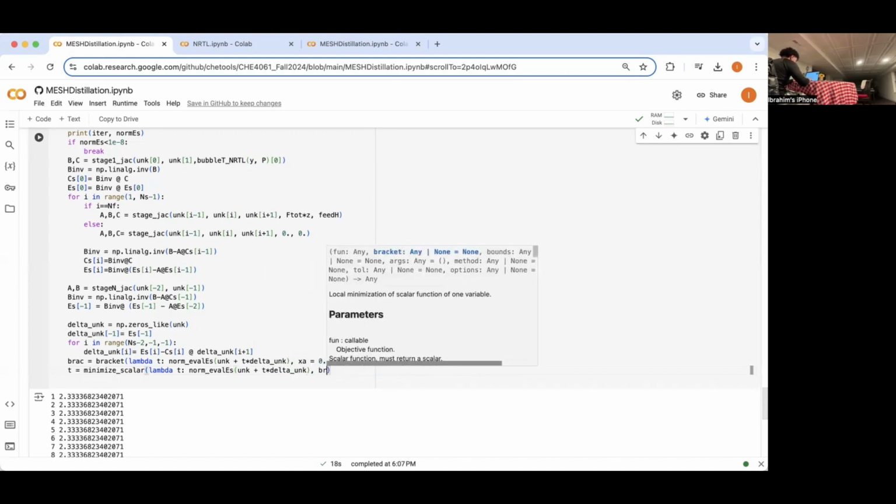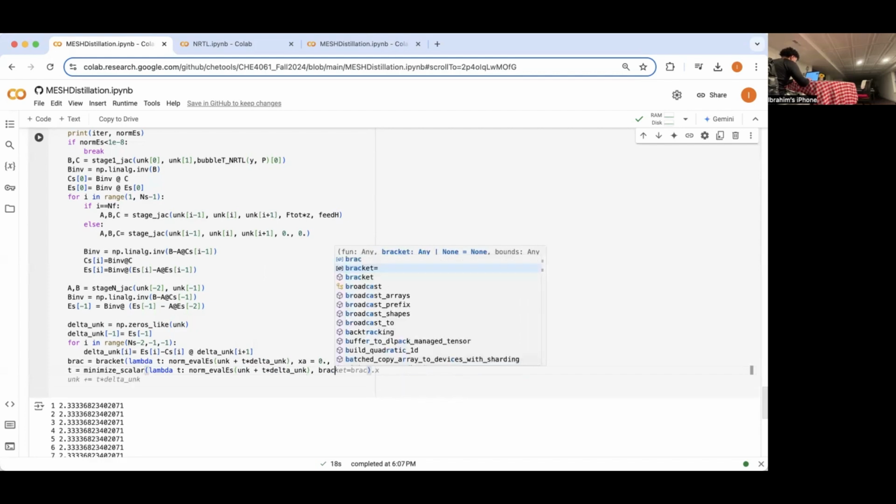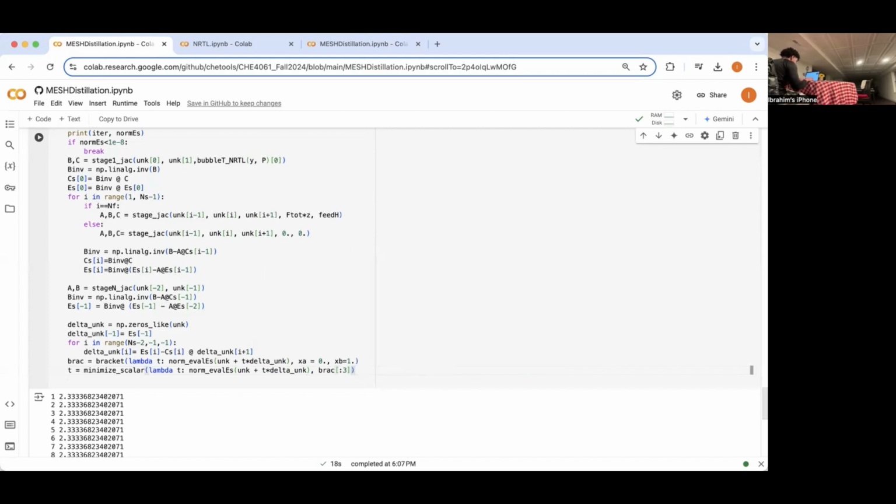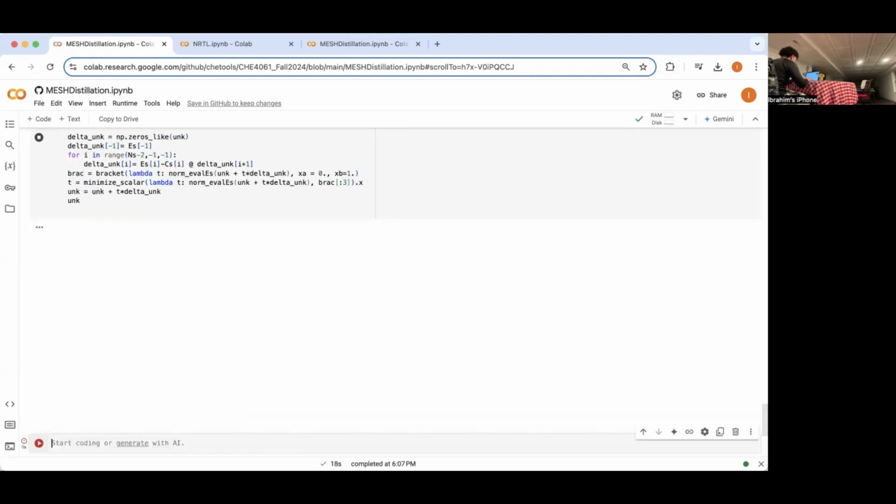And then our bracket for nothing on the left, right? And then 3 dot x. And go ahead and set up our new unknown, which is unc plus t times delta underscore unknown. Let's go ahead and do this.